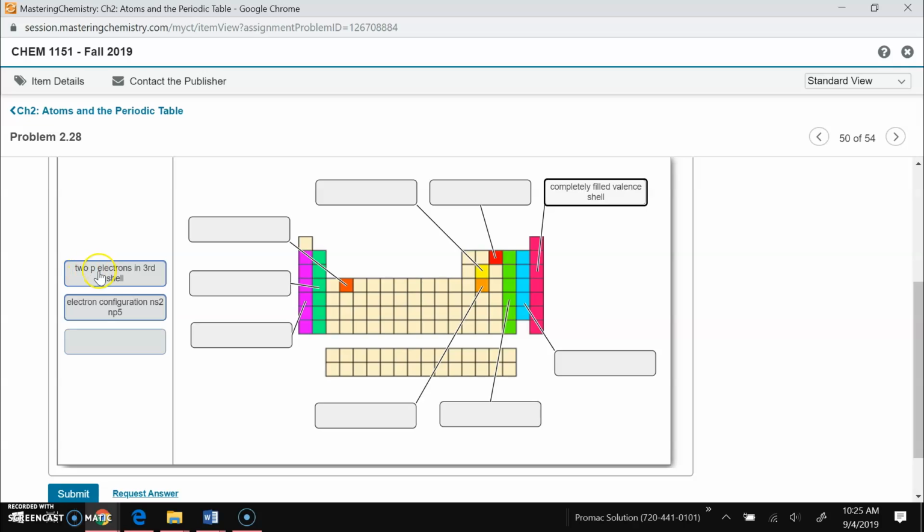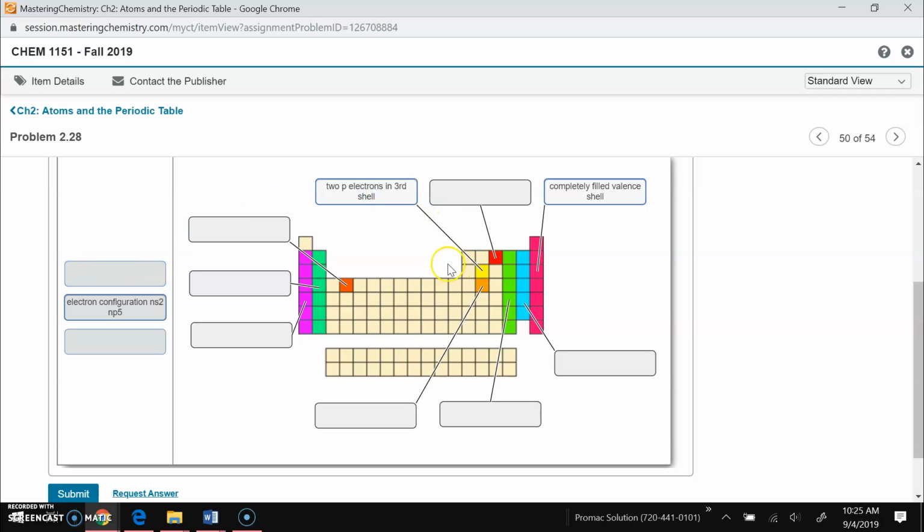So 2 p electrons. If we're in the P block, 2 p electrons are going to be either this yellow square or this orange square where the mouse is. The orange square is the 4th period, so it's not the orange, but the yellow.